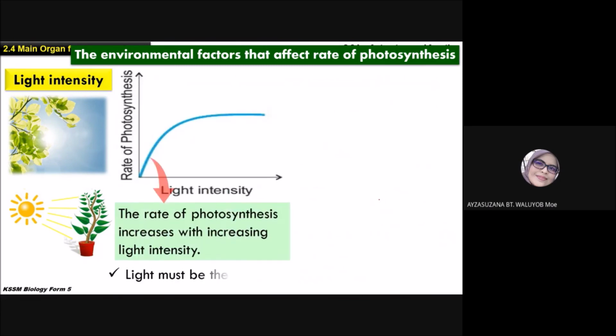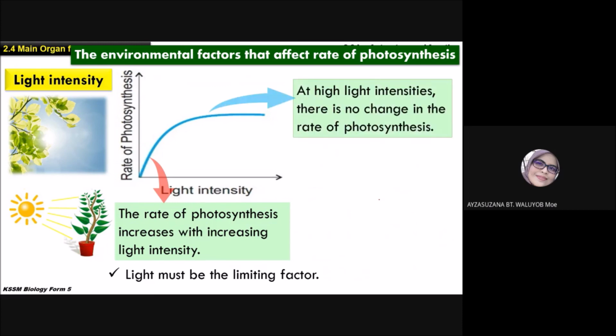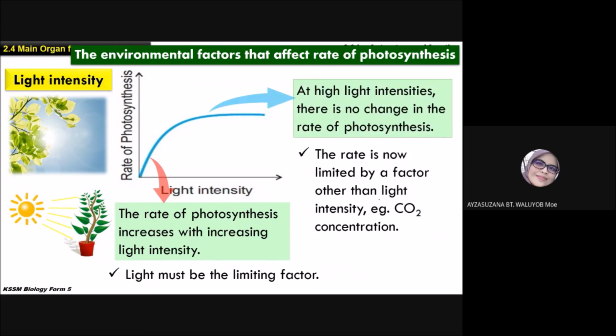The rate of photosynthesis increases with increasing light intensity. So, light must be the limiting factor. At high light intensities, there is no change in the rate of photosynthesis. The rate is now limited by a factor other than light. Example, carbon dioxide concentration. Maksudnya macam ni. Masa ni suhu panas sangat.